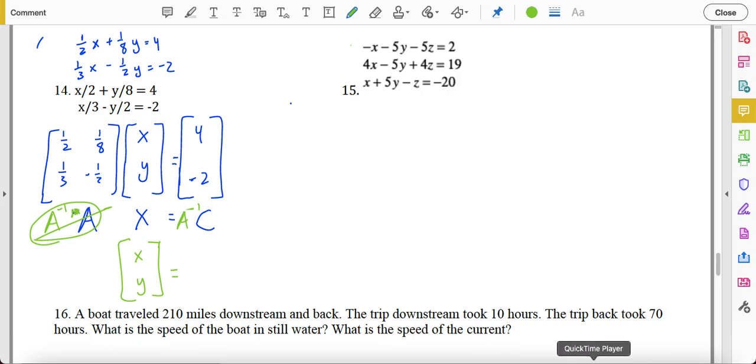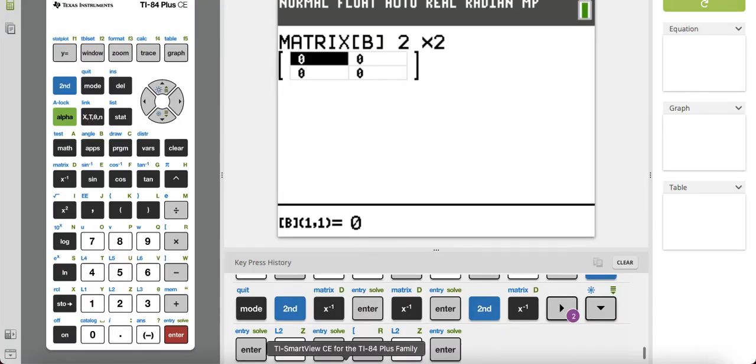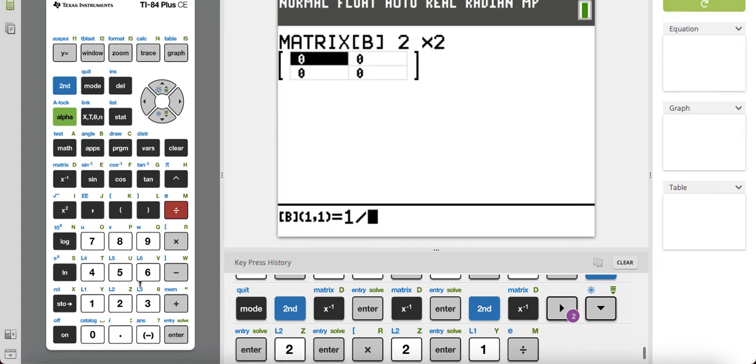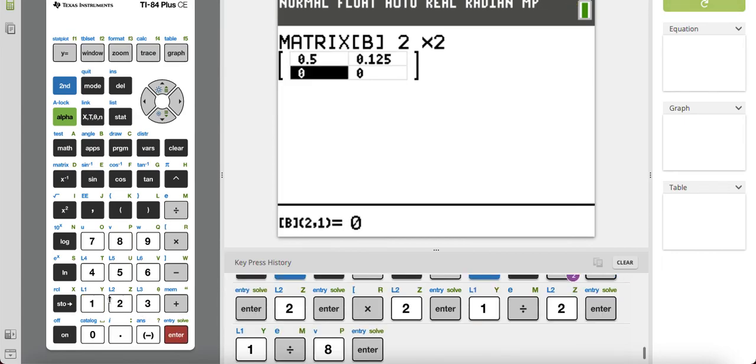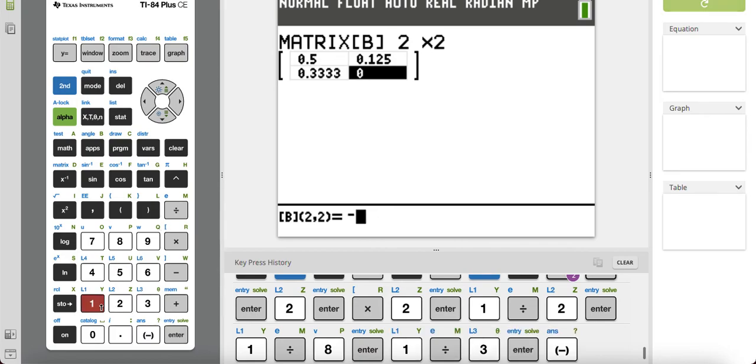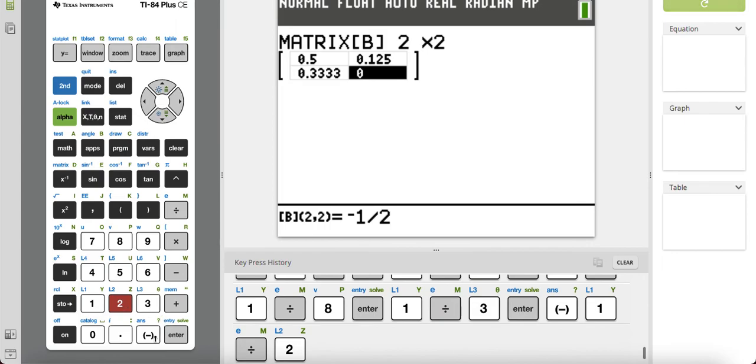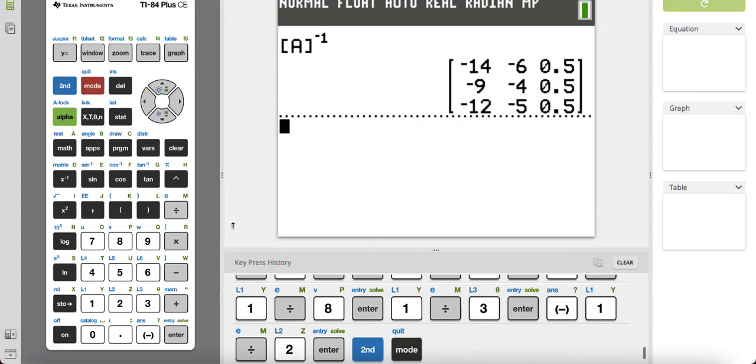Okay, so there's our matrix. That's the coefficient matrix, so I put it in B.